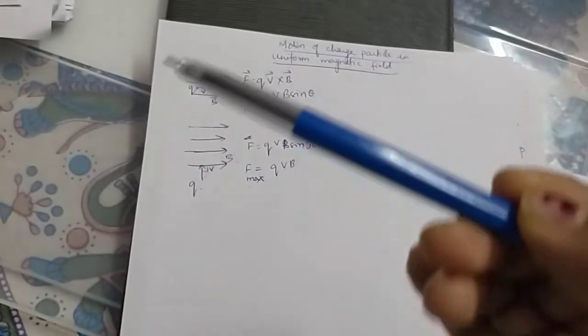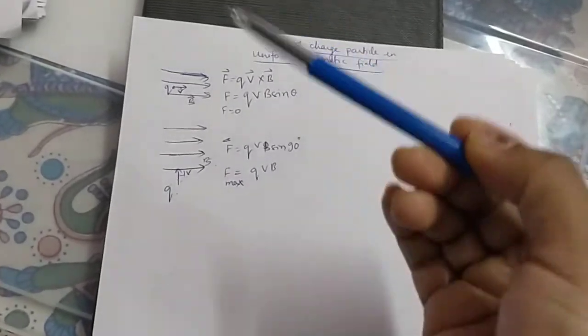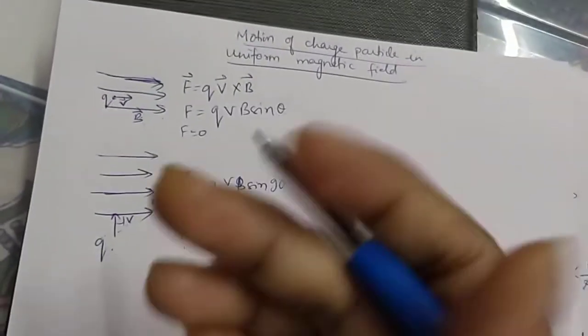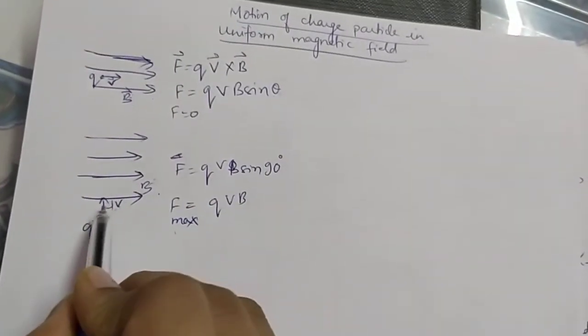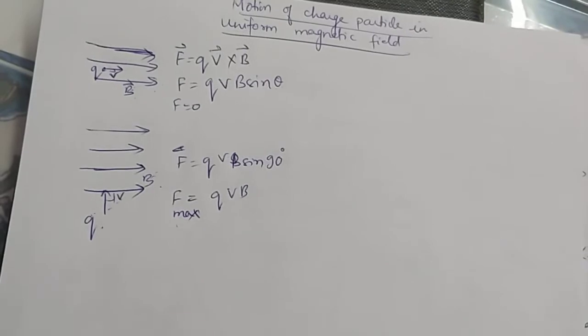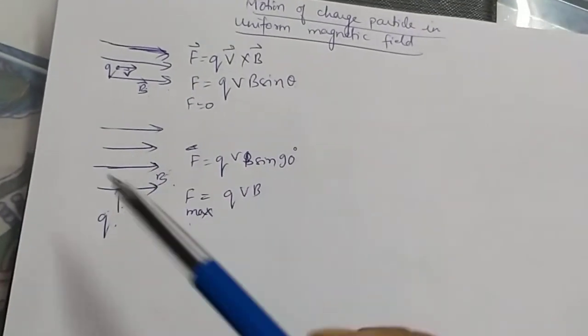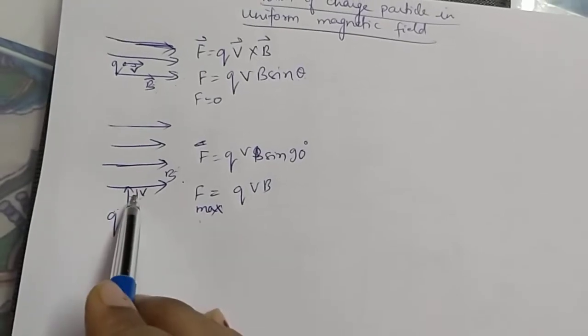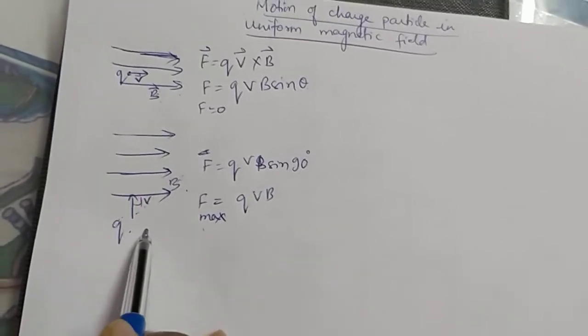So if it is moving like this, it will follow this kind of circular path. Why a circle? Because whenever force and velocity are perpendicular to each other, there is uniform circular motion. So here it is circular motion, and the trajectory of the charged particle will be circular.